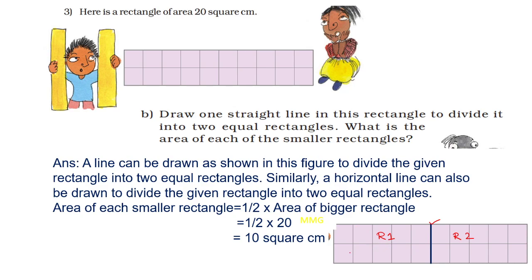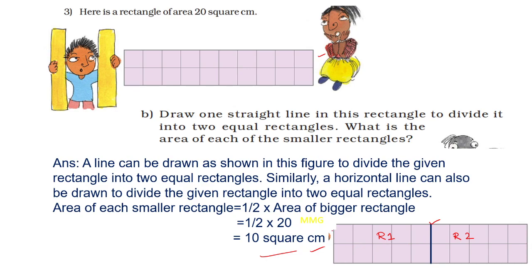One simple way, you will divide the area of the bigger rectangle, because here you can see we are getting two equal rectangles. So area of each smaller rectangle will be equal to half into area of bigger rectangle, half into 20, and your answer will be 10 square centimeter.